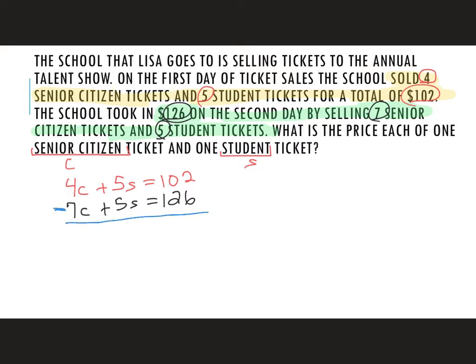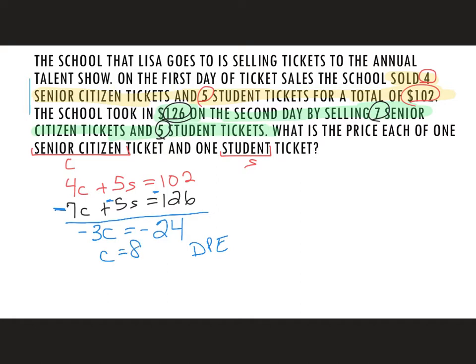Since I am subtracting, everything here becomes negative. So I'm left with negative 3C, because my S's are going to cancel, equals negative 24. I'm going to use my division property of equality, and I get C equals 8.